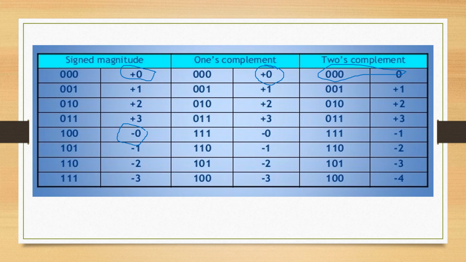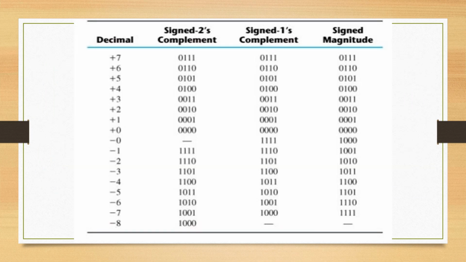Whereas in ones complement, plus 0 is represented using 000 and the negative 0 is represented using the triple 1. Whereas if you can see over here, the numbers in twos complement are not repeated, like 0 is represented only once. There is no positive and negative for 0. That's why the range of twos complement is from minus 2 to the power n minus 1 to 2 to the power n minus 1 minus 1. Okay. So also you can check over here the range of the numbers.